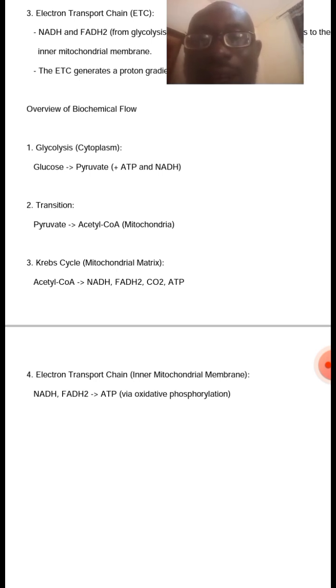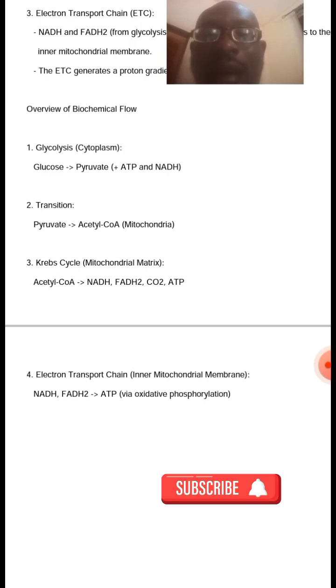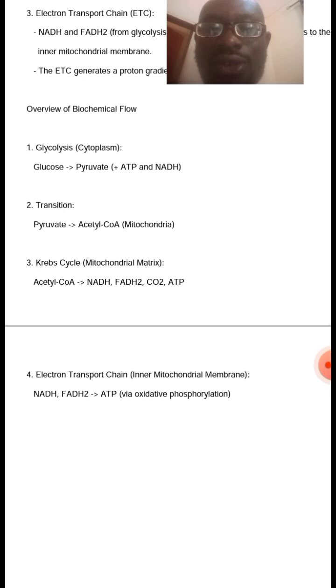Then the acetyl-CoA will give out coenzymes and reducing agents like FADH2 and NADH, carbon dioxide and ATP. Then finally, the electron transport chain happens in the inner mitochondrial membrane, and that is where we have oxidative phosphorylation, because oxygen will be reduced by all these cofactors and a lot of ATP will be produced.